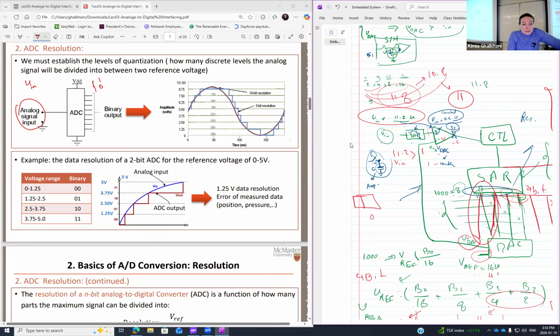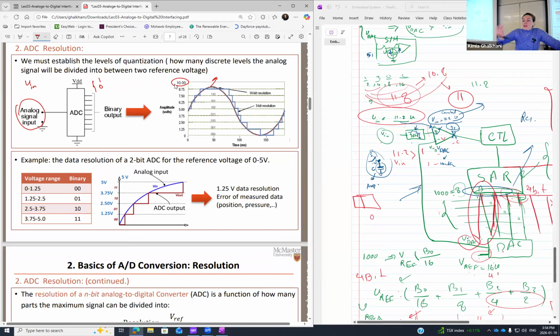But still remember, regardless of the number of conversions, my input is always constant. So for example, I'm converting maybe something at around 10. This is my maximum, which I'm going to convert. Look at here, how many steps.